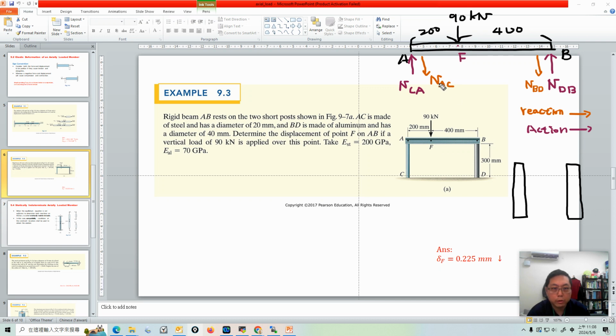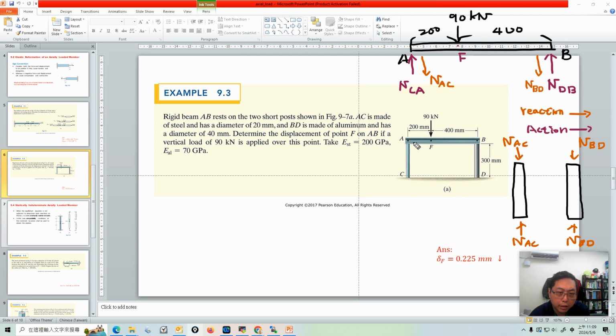This reaction force NAC and NBD will compress the AC bar and BD bar, and this must be NAC here because everything is static. That will cause a deformation.